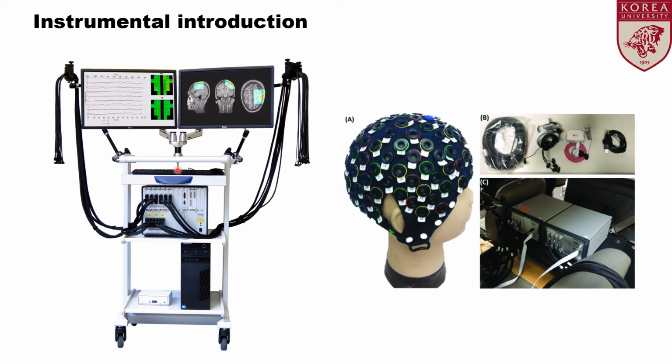This is the overall setup of fNIRS system. It can be divided into three parts. First one is the CPU, second one is the NIRS device, and the third one is the screen to show the neuromodulation recordings. The NIRS system has sources and detectors to record the brain activity.